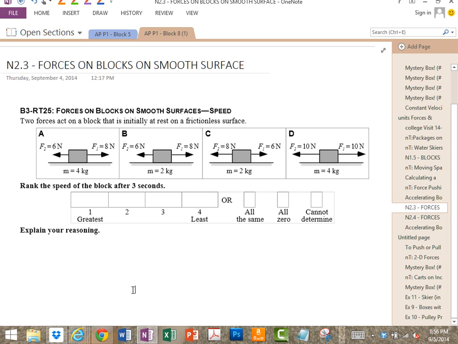If it is going the fastest after 3 seconds, that means that it has the biggest what? Say it. Acceleration. Yeah, so go ahead. Okay. So why don't you take a look by yourself first, and then I'll let you talk to each other.